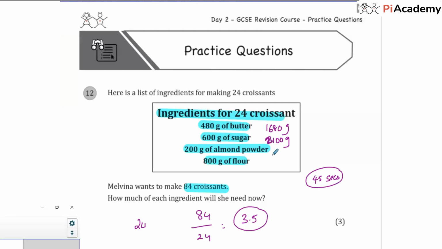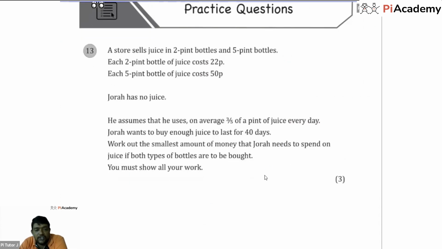How much is almond powder? 700 grams. And 800 grams of flour times 3.5 is how much? 2,800 grams. Good. So it's important that you know the factor by which you should multiply. Okay. Wonderful, guys. Next question.